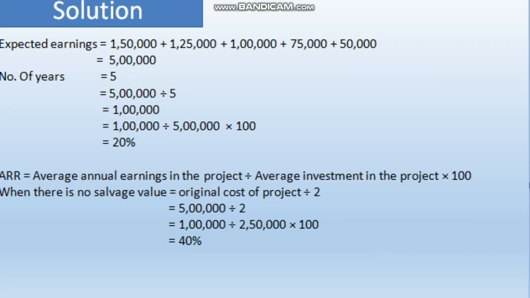And the next one is by using the formula average annual earnings in the project divided by average investment in the project into 100. In this question, salvage value is not given. So we are using the formula original cost of project divided by 2.